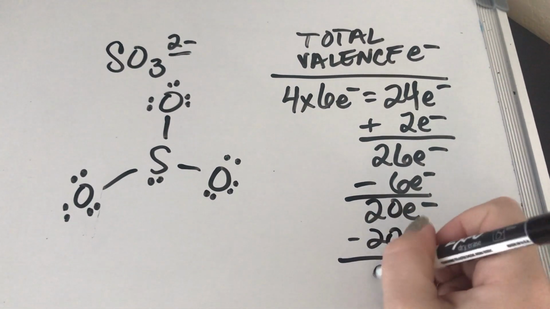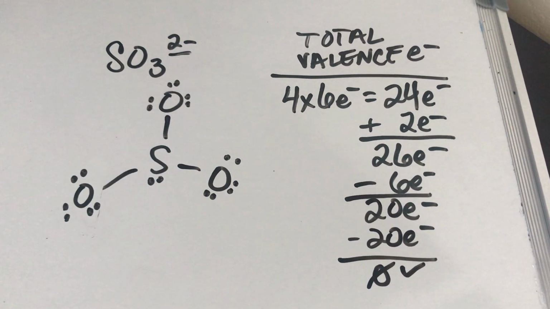What's the next step we want to do? Anybody can chime in here. Does it follow the octet rule? Right. So the next thing we want to evaluate is do all of the atoms satisfy the octet rule?